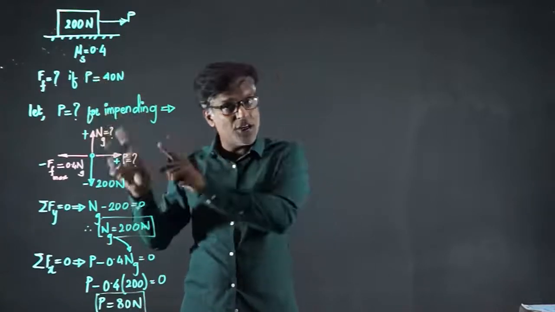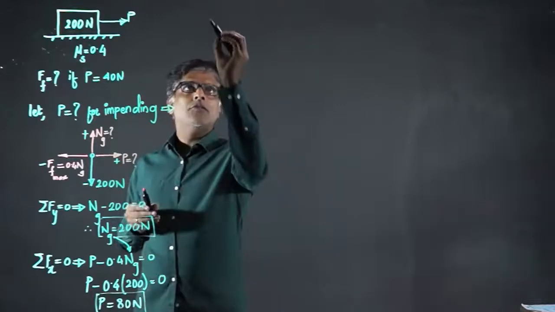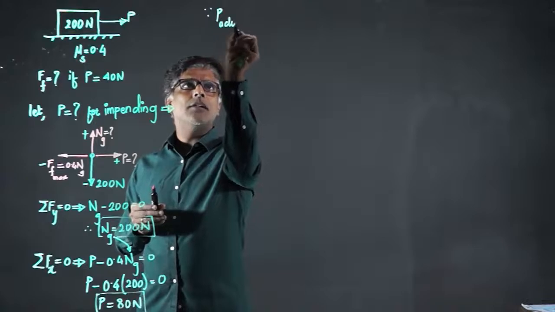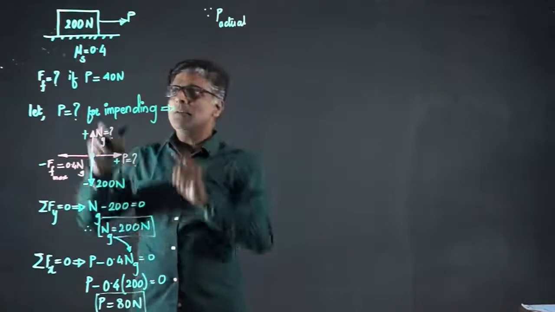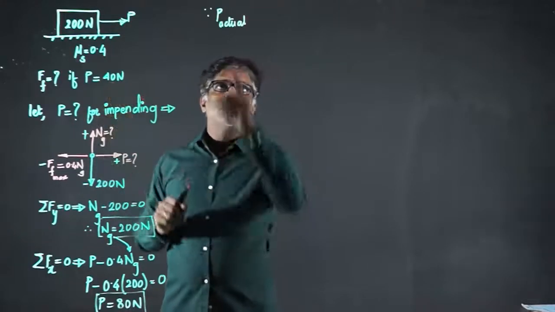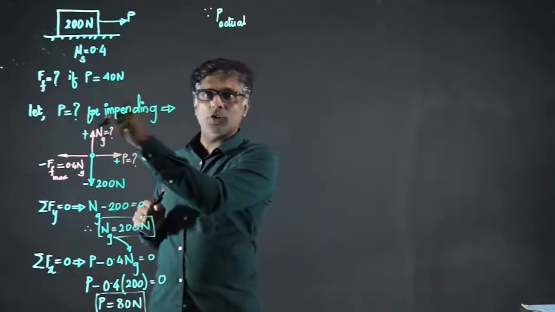Not impending but stationary. So now we will say, since P actual, if you remember, in the actual case they have asked us to find out what happens at 40. So P actual in this case is 40.